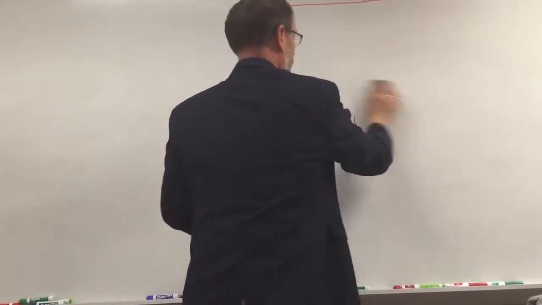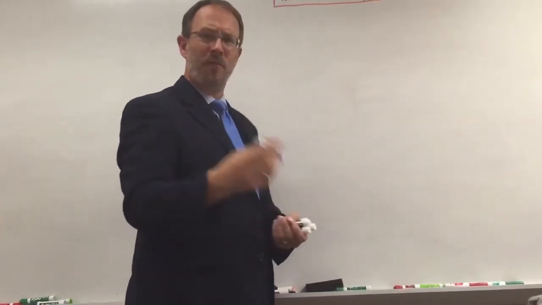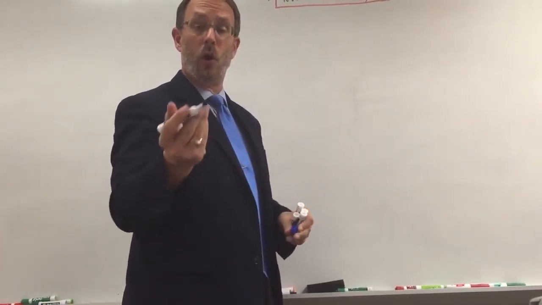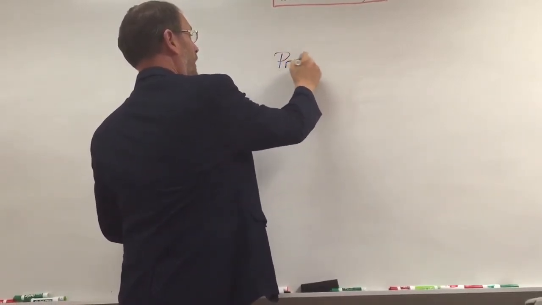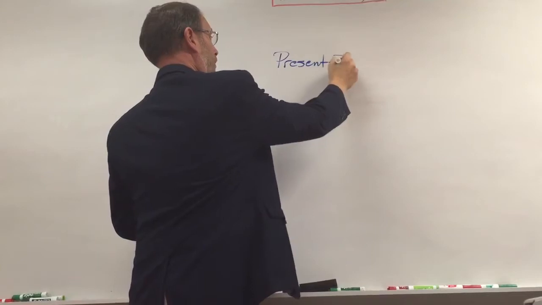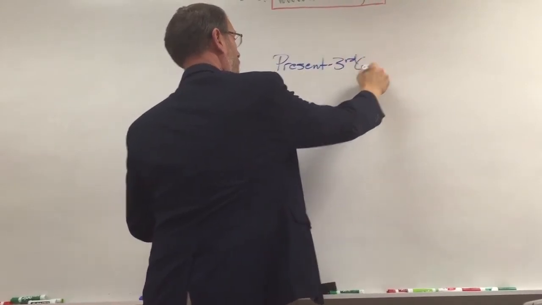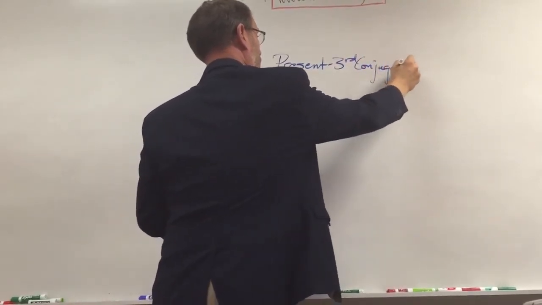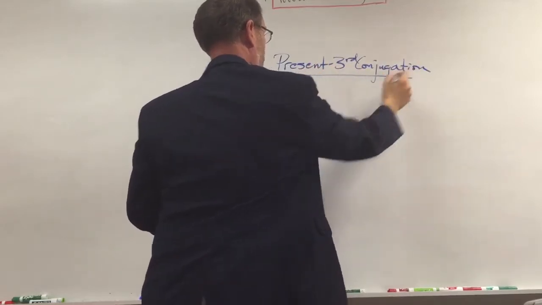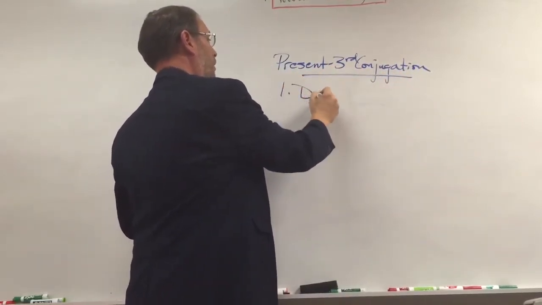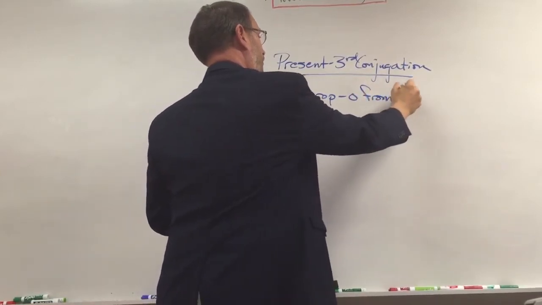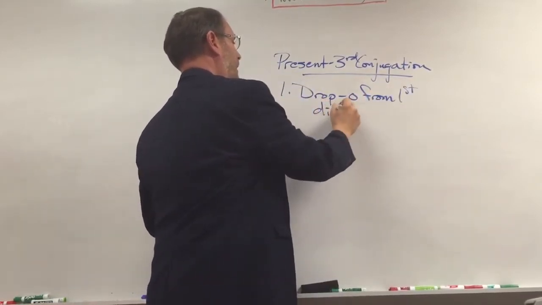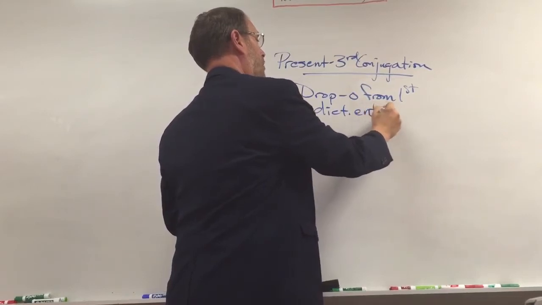So, the third conjugation, very similar to what we've done before. We're going to look only at present tense initially. And so we're looking at present tense, third conjugation. Step number one, drop O from the first dictionary entry.